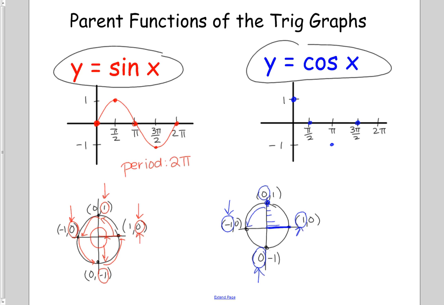And by the time I get back up to 2 pi, my cosine is back to +1. So the cosine function also makes a wave. It's identical to the sine wave except for the start point. The start point for a cosine is at a peak, whereas the start point for sine was in the middle of a curl. So these are our parent functions, and we need to be able to make changes to them.